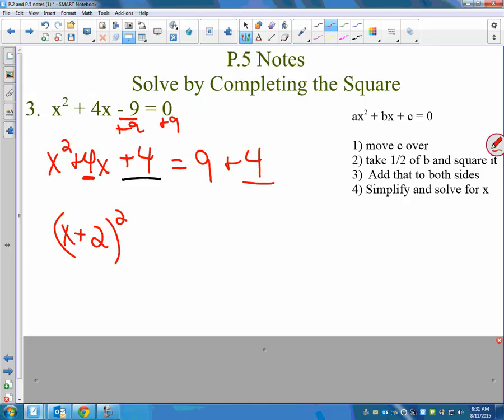And you can check that. If you FOIL that out, you'd get x squared plus 2x plus 2x is plus 4x. And then that plus 4 at the end. So that's why we complete the square, because we want that perfect square. And then on the other side, we get 13. What do you do from there to solve it?